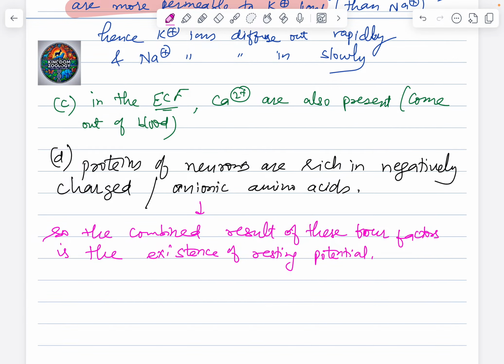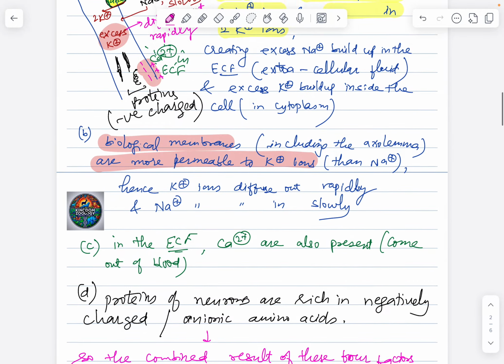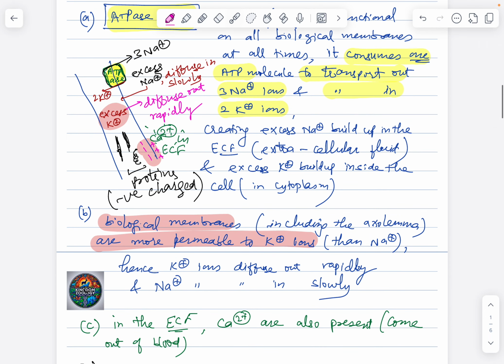Resting potential exists because of the combined result of these 4 factors. And as long as a neuron is not working, is not functioning, this will be always the charge on the exolemma.